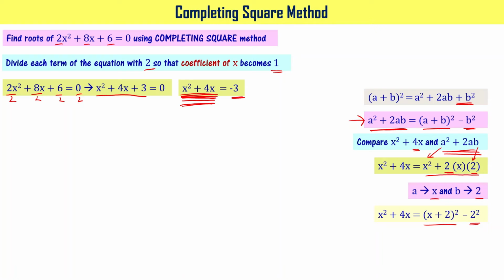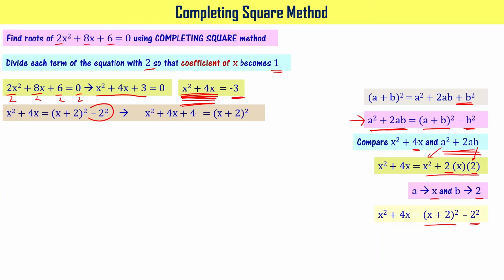Let me take a note of this. x² + 4x = (x + 2)² - 2², right? Let me transpose this -2² to the other side, then it becomes + 2². It means the equation becomes x² + 4x + 4 = (x + 2)², right?